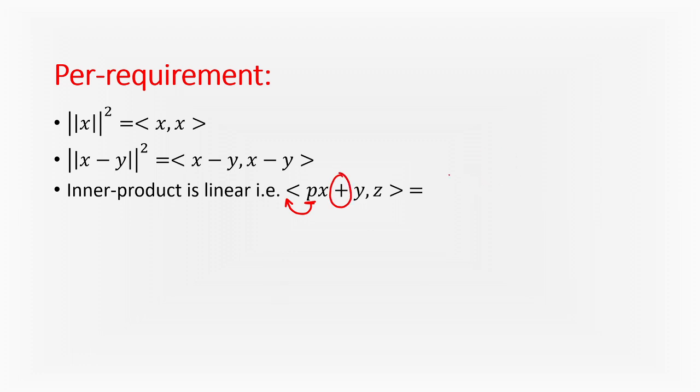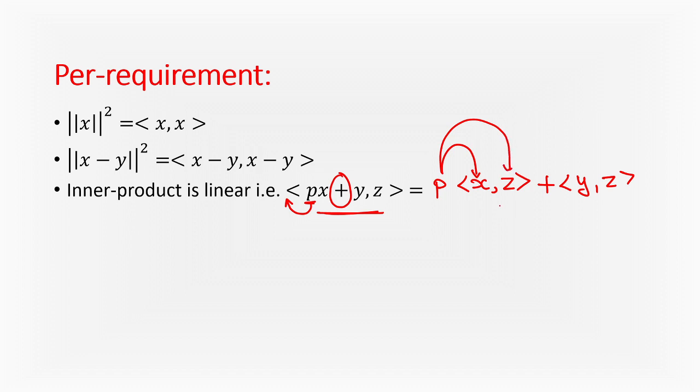So what I can write is p times the inner product of x with z plus the inner product of y with z. You can give this p inside and then add it, and you get the initial part. You can even give this p inside to the second part as well.